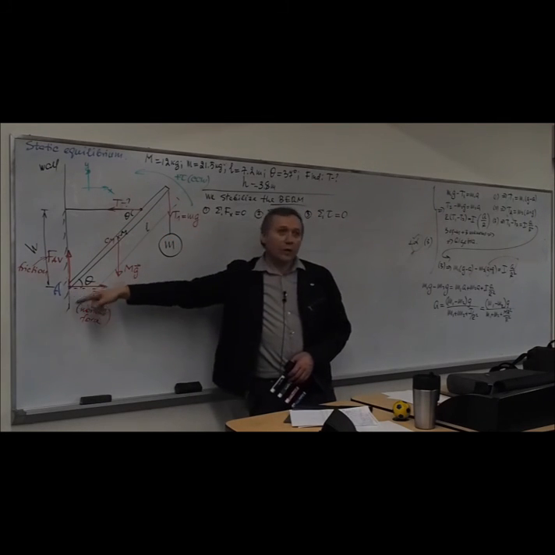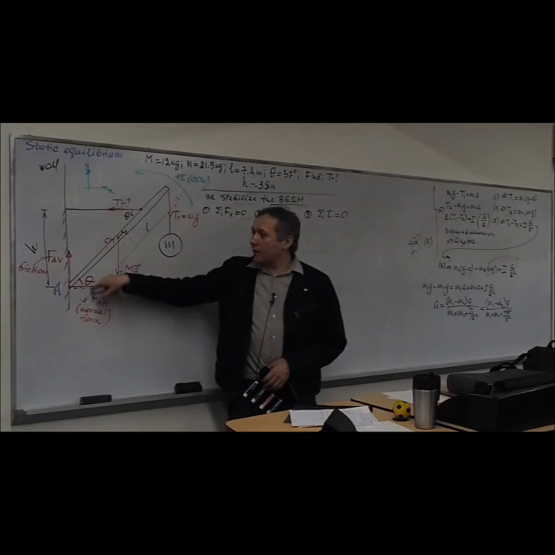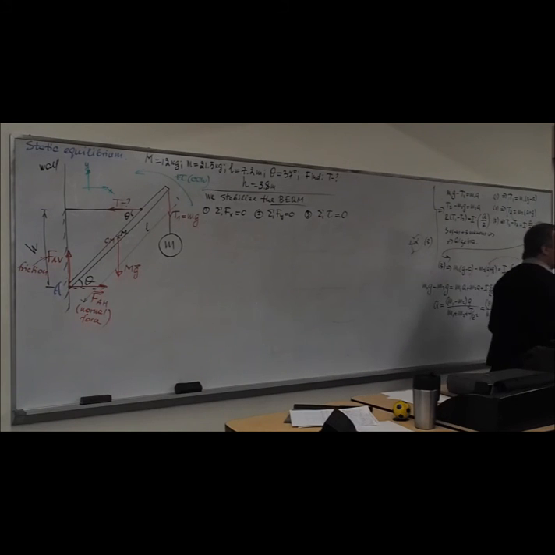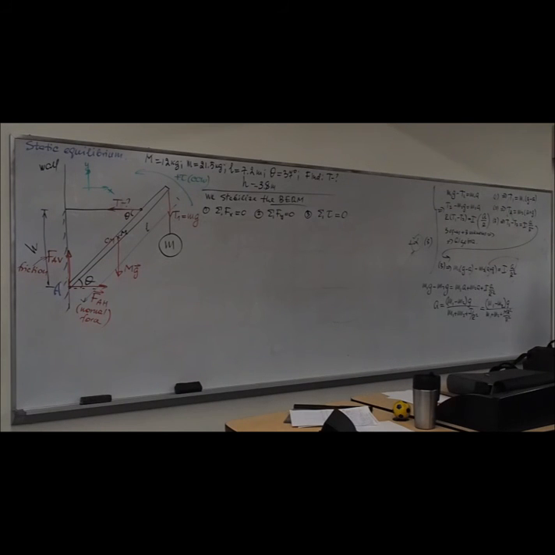But if you take point A, the torques produced by these two unknown forces will be 0 automatically because those forces act at the axis of rotation. It's like trying to open the door by applying force at the hinge. Torque will be 0 and you will never be able to create rotational motion, which means open the door.